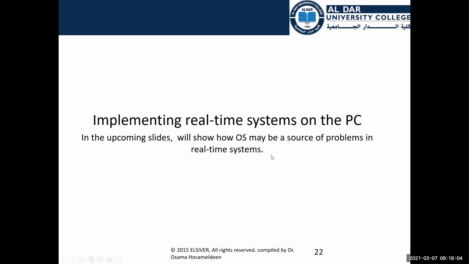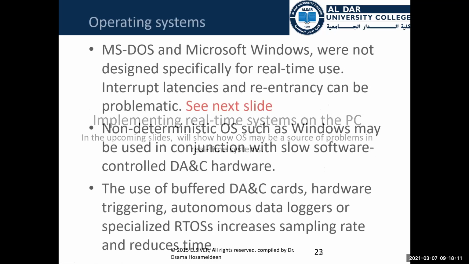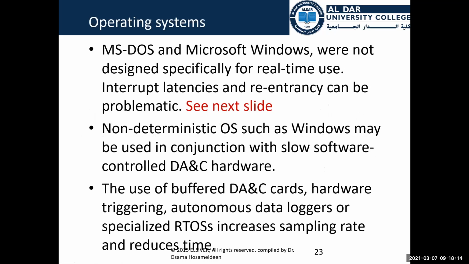In the last section here, we talk about how to implement real-time systems on the PC. We will talk about the operating systems. MS-DOS and Microsoft Windows were not designed for real-time systems, actually. So they contain two common problems, which are interrupt latency and reentrancy.